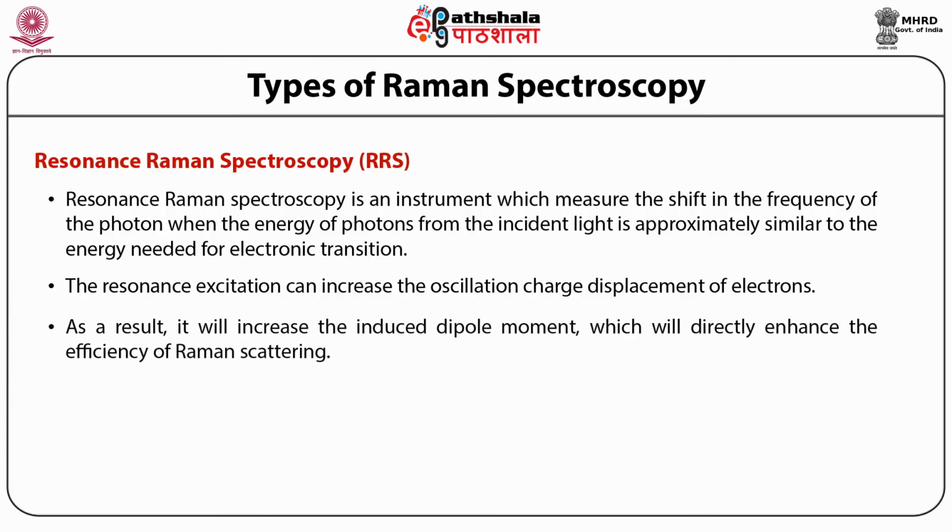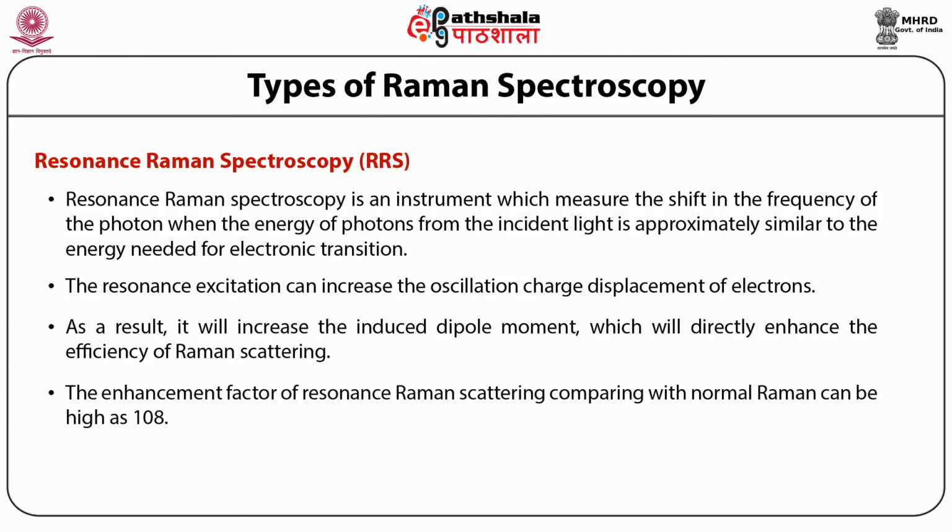As a result, it will increase the induced dipole moment, which will directly enhance the efficiency of Raman scattering. The enhancement factor of resonance Raman scattering compared with normal Raman can be as high as 10^8.